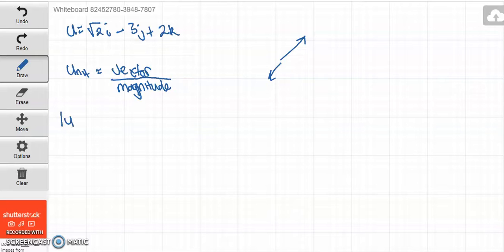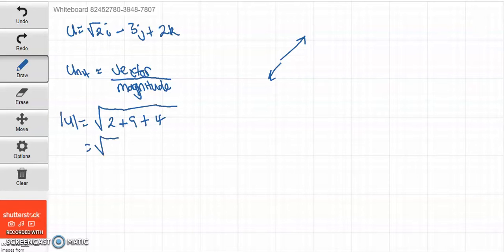If you still remember, the magnitude of a vector is the sum of the squares of all its components under a square root. So root 2 squared is 2, plus minus 3 squared is 9, plus 2 squared is 4.